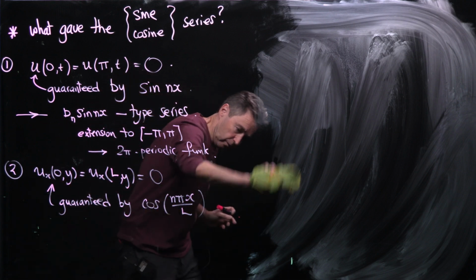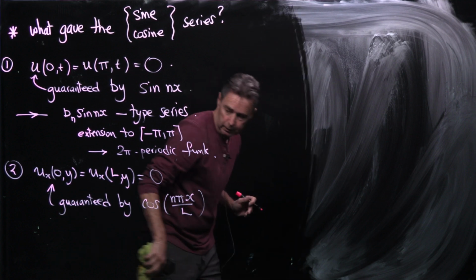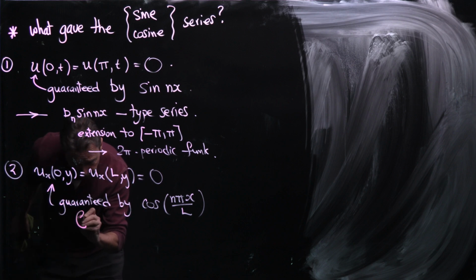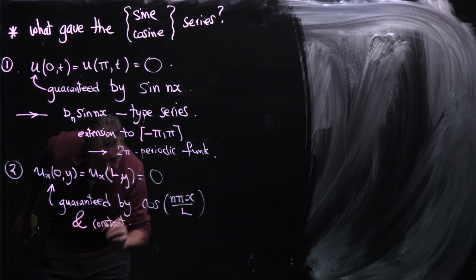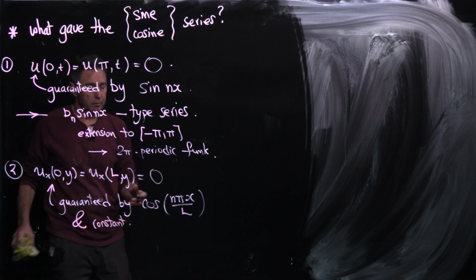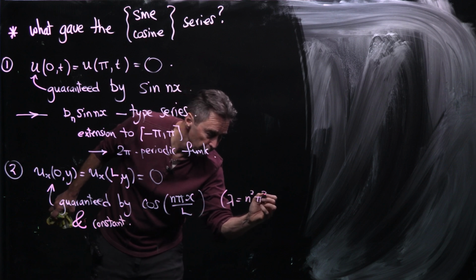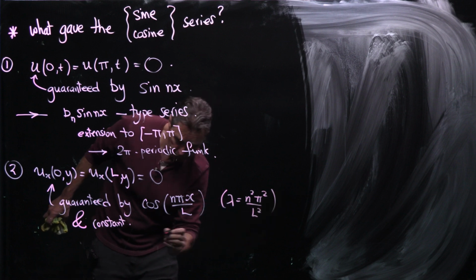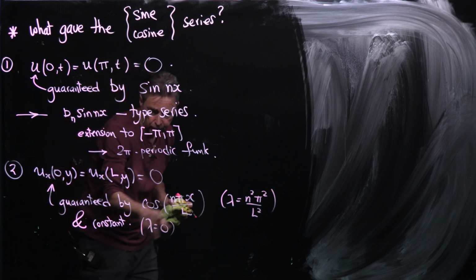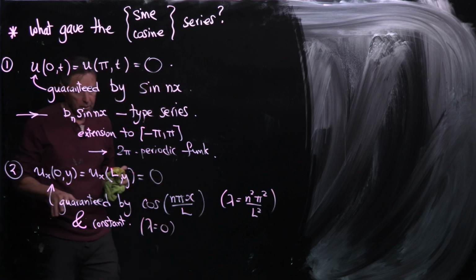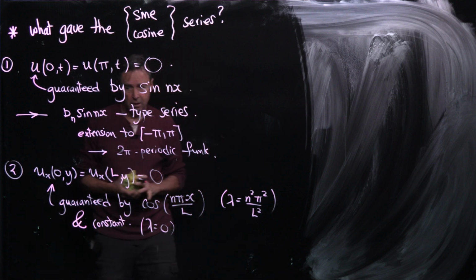It gives us the right function to satisfy the boundary conditions. But also, a constant worked. That was the lambda is n squared pi squared over L squared case, and this is lambda is equal to 0. So you needed both of those to get it right. This is the constant in the Fourier cosine series, and that's the rest of the series.